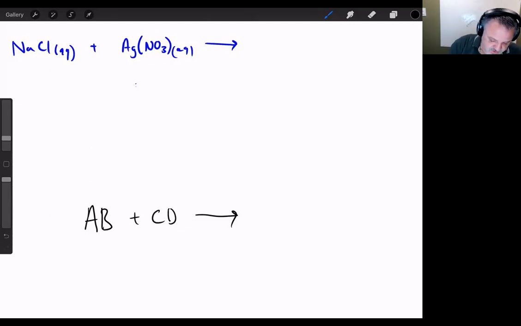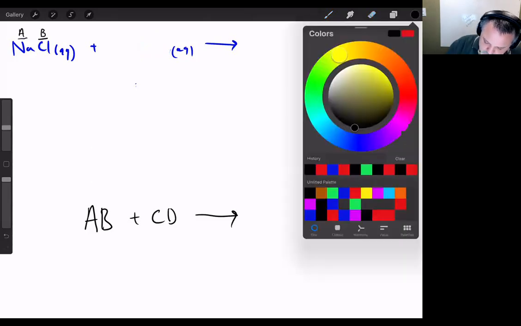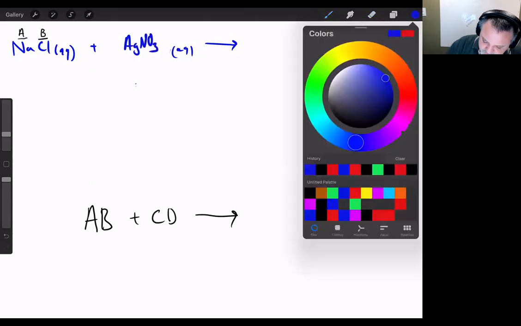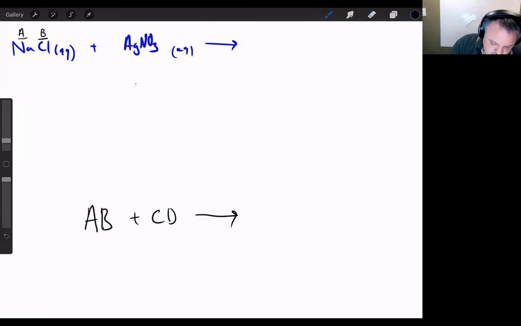And so if I do the same thing and label it over here, the sodium is A, the chloride is B, and here the silver is C and the nitrate is D.